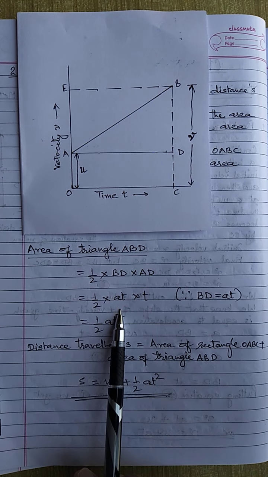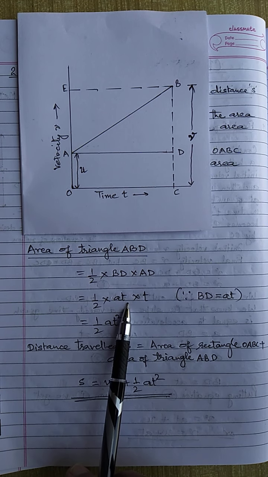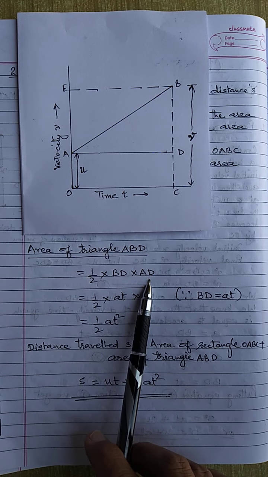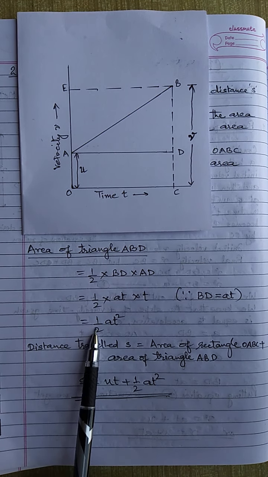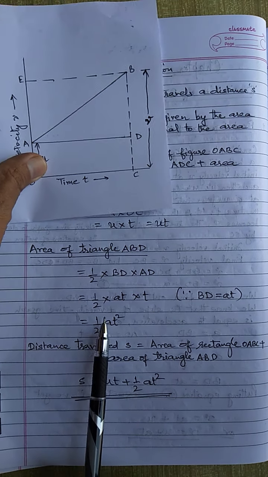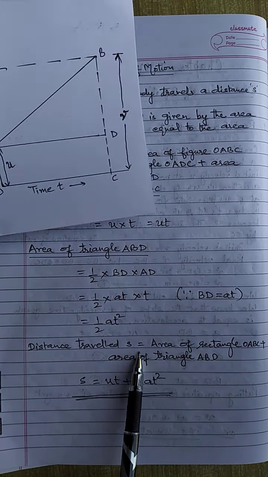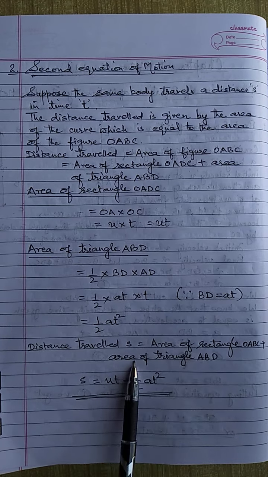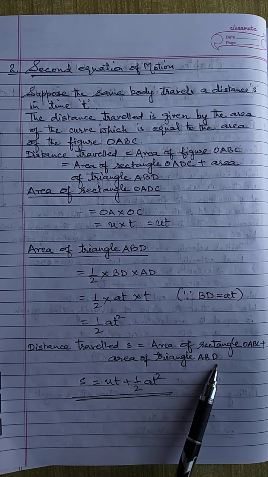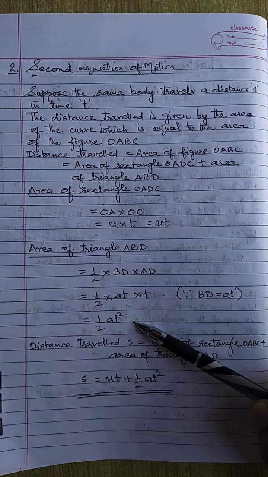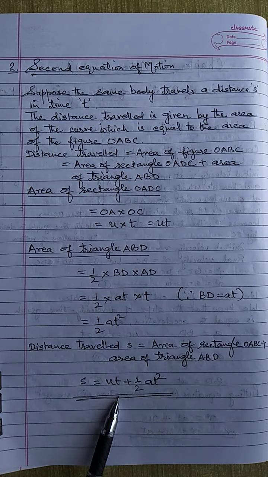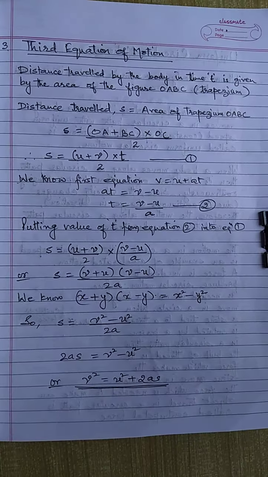Now BD is at, we have already discussed, and AD is t time, that is OC. So it becomes half at square. Now the distance travelled is the area of the rectangle plus the area of triangle ABD, which becomes s is equal to ut plus half at square. So this is the second equation of motion.